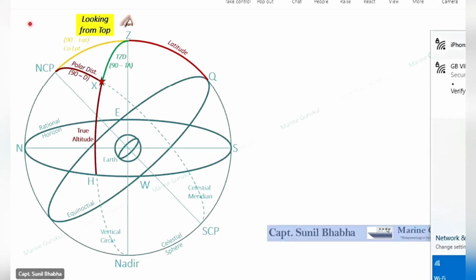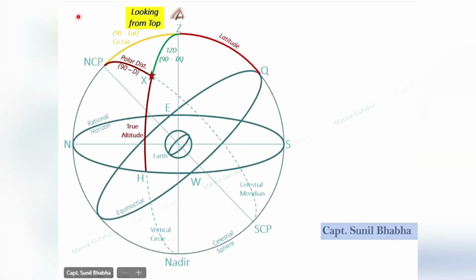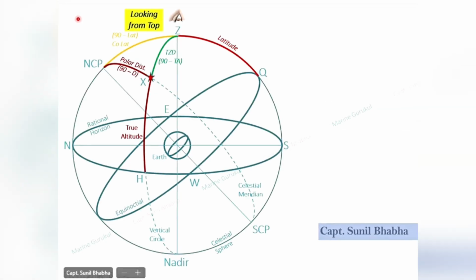Now, having understood the equinoctial system, then the horizon system, we are now able to see the PZX triangle on the celestial sphere. So let's now try to convert this PZX triangle onto the rational horizon plane.